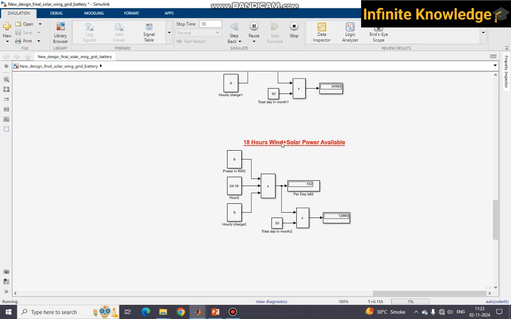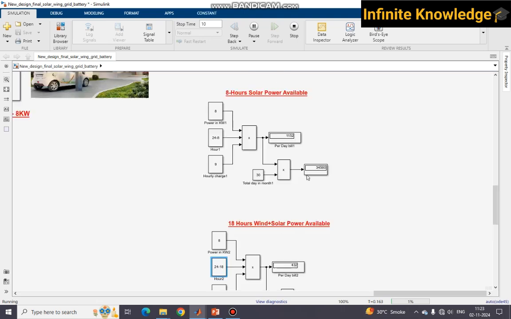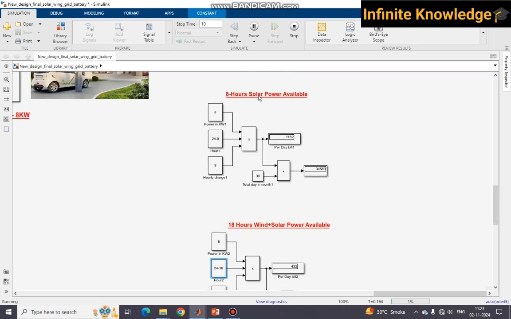If you use wind and solar both, and both are supplying the load for 18 hours in a single day, then the remaining 6 hours you need to take supply from the grid. Here also, if you use only solar, if you don't have wind, then you will get solar in the daytime, which is nearly 8 hours. So 24 minus 8, that's 16 hours.